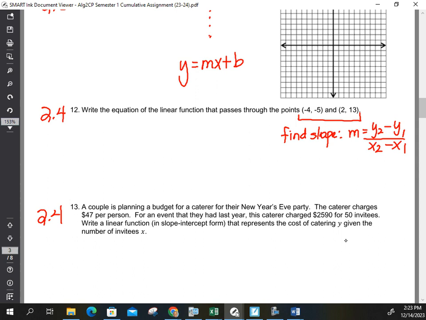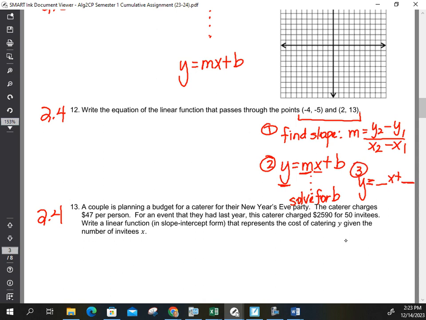After you find the slope, use y equals mx plus b. Plug in the slope, plug in the x, plug in the y. Solve for b. And then write the final answer. So step 1, step 2, step 3. Quick 3-step process. Section 2.4 of your notes if you struggling with that part.